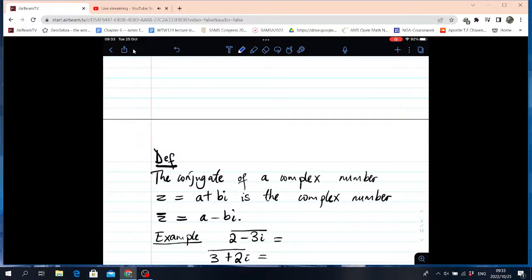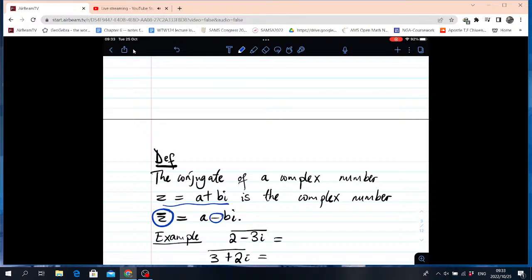So what is the conjugate of a complex number? If you've got a complex number Z is equal to A plus BI, then its conjugate is the complex number which is denoted by Z bar, right? So that's important there. Z bar represents the conjugate, and the complex number is A minus BI, right?